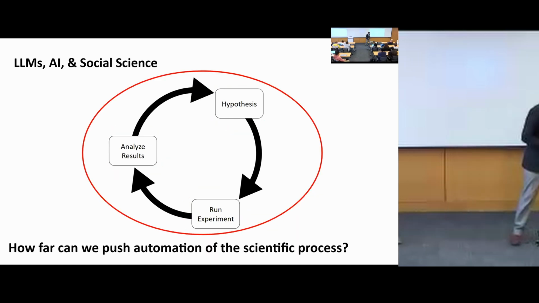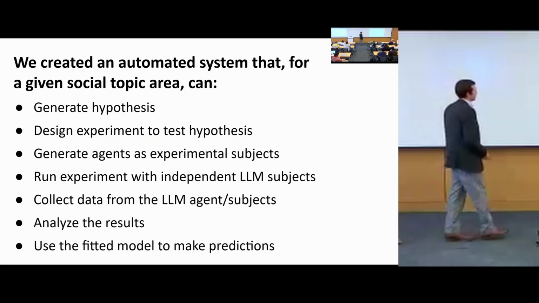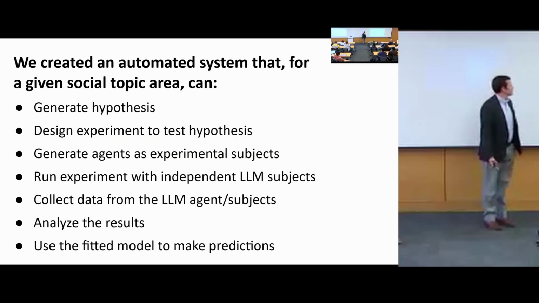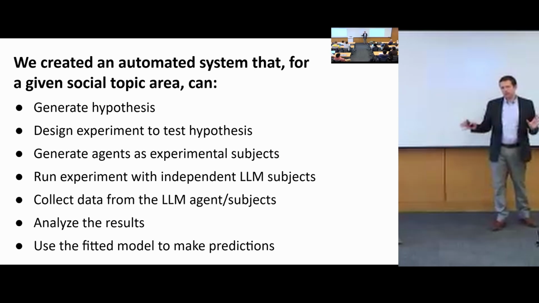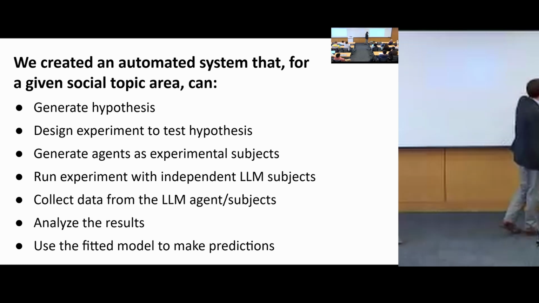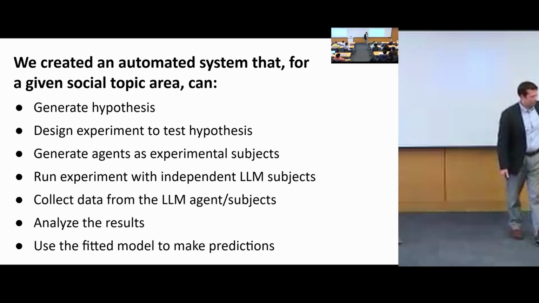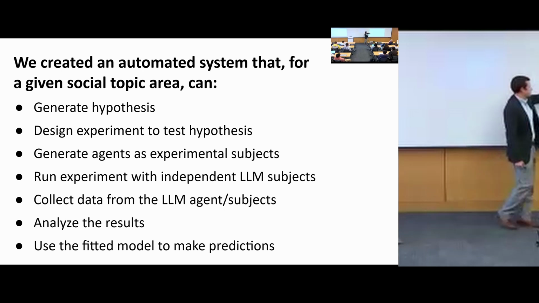So the question is, could we try to do this whole thing in an automated way? The idea we had for this system was that I create a system where I could give it a social science topic that I cared about. The model would generate a hypothesis, design experiments to test that hypothesis, and generate agents as experimental subjects.